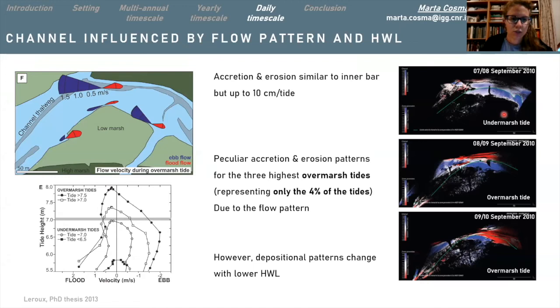So with the lower high water level, this must be a really important process, which explains, if you remember the early evolution of the meander, the overall accretion being higher in the apex zone and in the landward side.